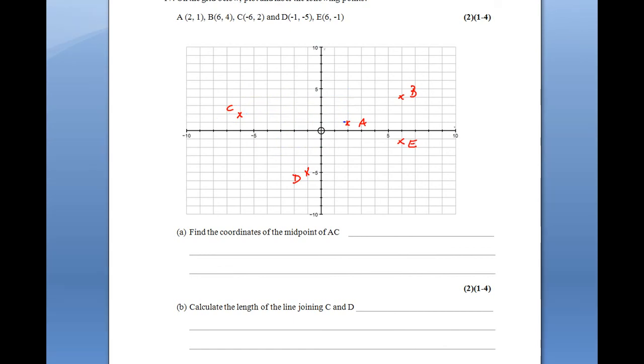Now I'm looking for the distance between C and D. That's in question B. Okay, so I'm looking for this distance here. Best way to do that is to draw a right angle triangle with a vertical leg and also a horizontal leg here. Then I can easily use Pythagoras. I can easily find out how far these two are apart. I have to go 5 up and 2 more, so this is 7.